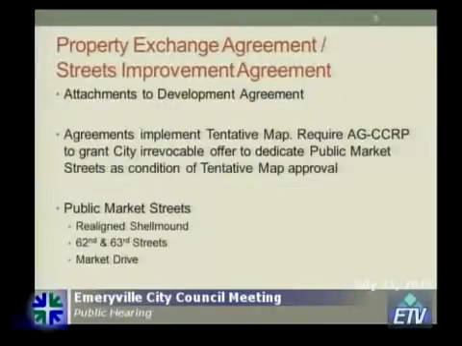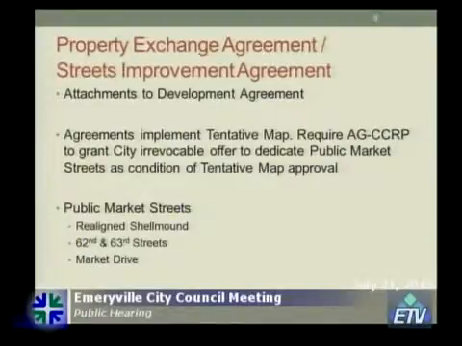As for the property exchange agreement and the streets improvement agreement, which were attachments to the development agreement but could still be brought separately to the city council for your consideration. Those agreements provide for the implementation of the tentative map, which will be considered and approved by the planning commission.